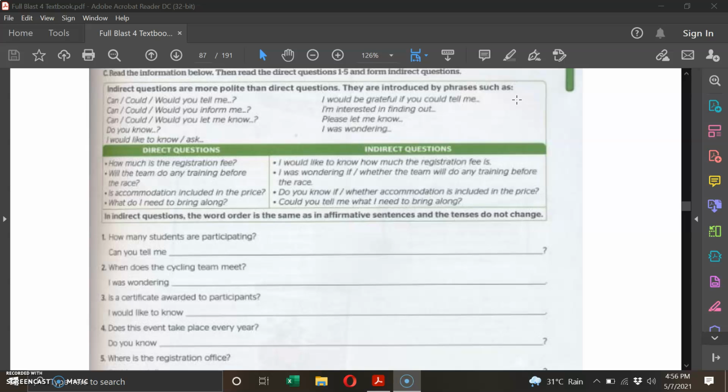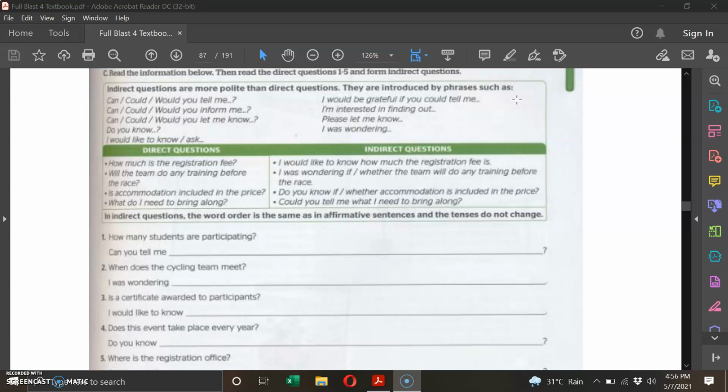So let's take a look at these samples, direct and indirect question. Number one, how much is the registration fee? That is a direct question. And for the indirect one, I would like to know how much the registration fee is. Number two, will the team do any training before the race?